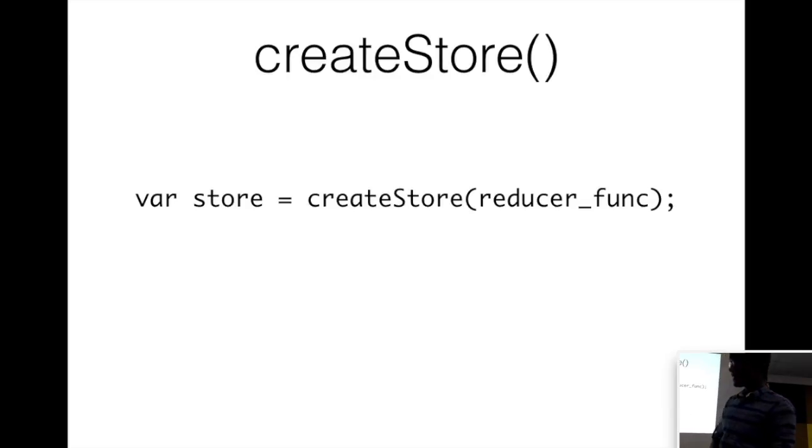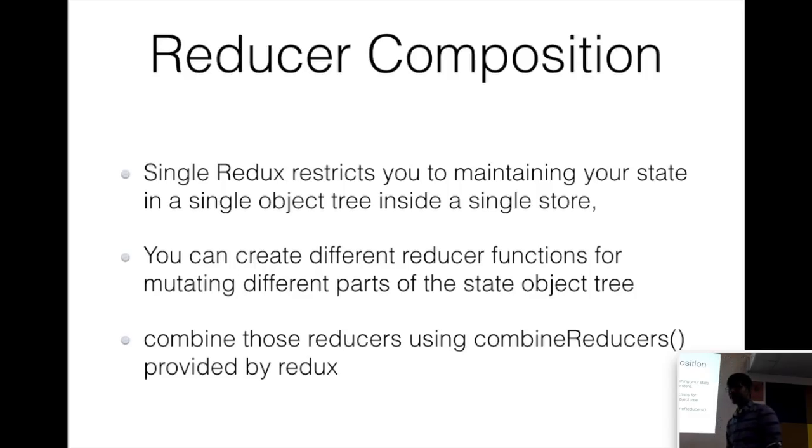So what Redux creators suggest is to use something called reducer composition. So what you will do is you will not have one reducer function that will handle all your actions, but instead you will have different reducer functions that will handle different parts of your state, and finally you will tie all these reducers together, and you will pass that composite reducer to the Redux store.